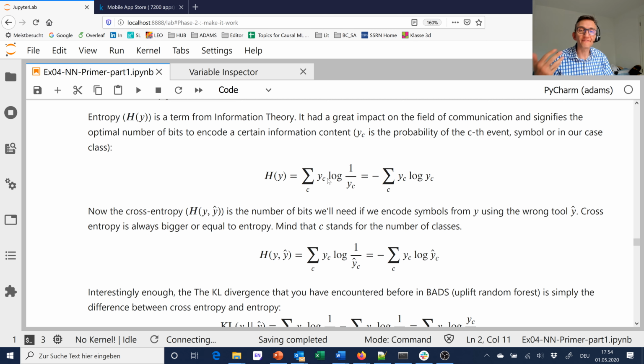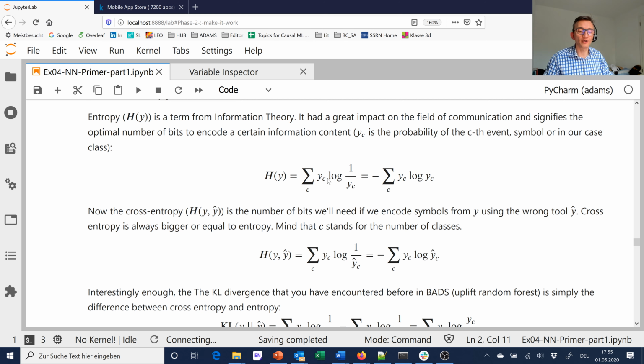Hence, information theory. It has to do with transmitting information, maybe over a network or something, and then how do I encode a piece of information? And in our case, the information we try to encode is what class one of these apps belongs to, where classes are our user ratings.